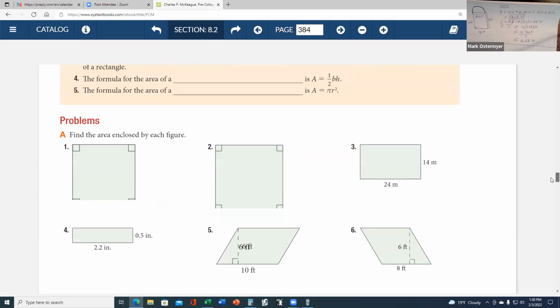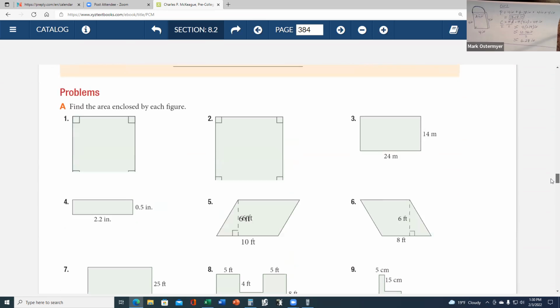Wow, these are messed up here. I'm just curious, does anybody have a textbook handy? Problem number 2 here. It looks like the diagram got cut off and the dimensions are at the bottom or something. They got meshed up with this parallelogram down here. It's a real mess.